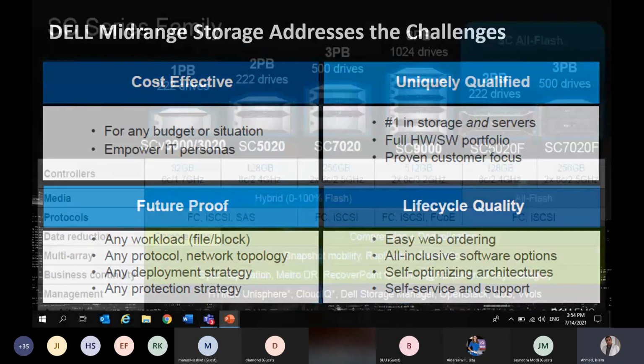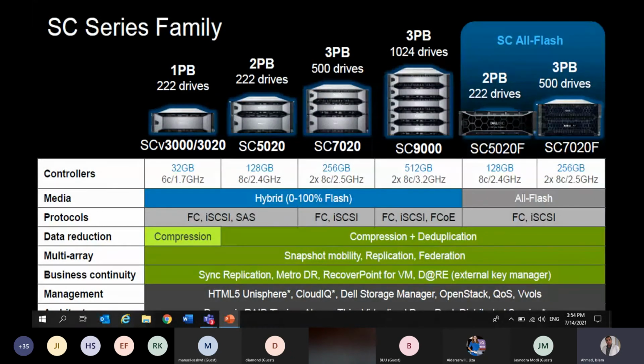Let's talk about one of the most famous families of mid-range storage coming from Dell EMC, the SC series family. As you can see, SC comes in different sizes or subfamilies, starting from SCV 3000 up to SC 9020.